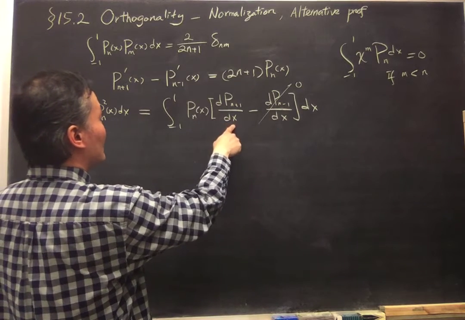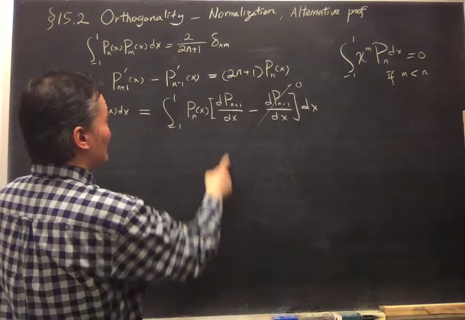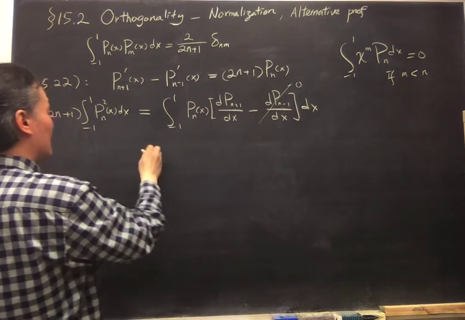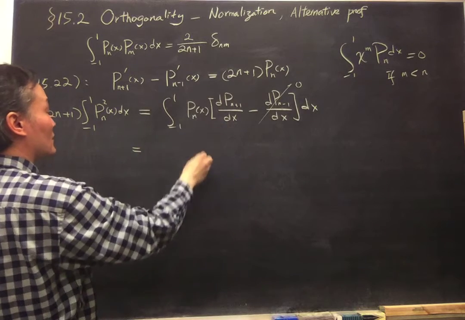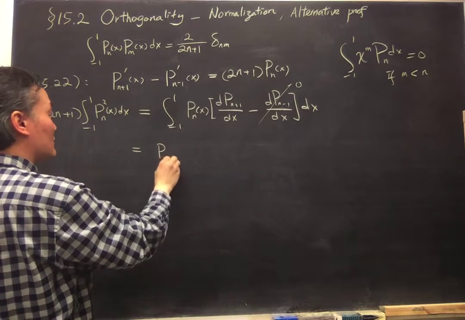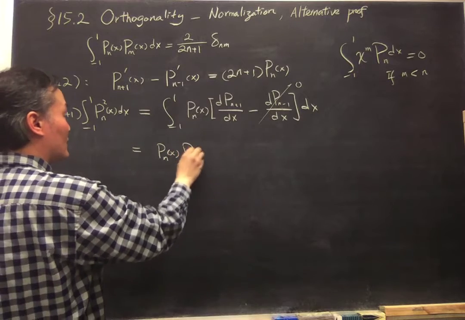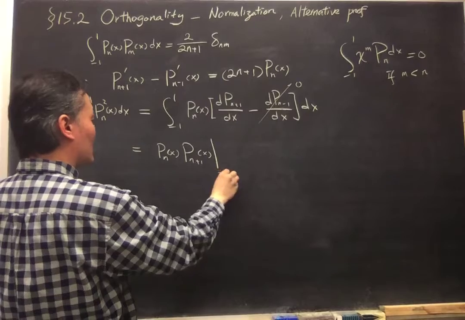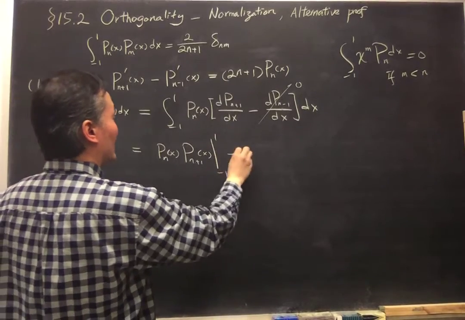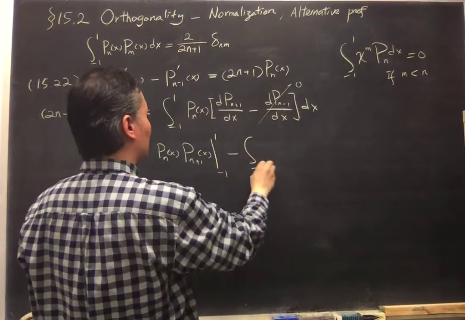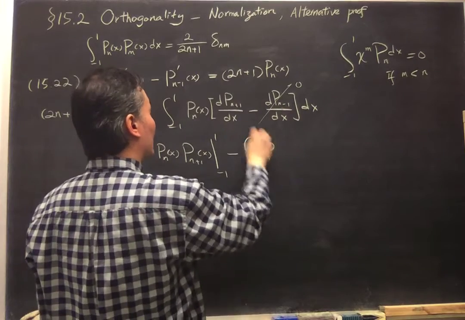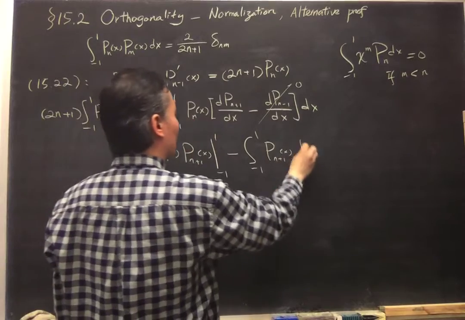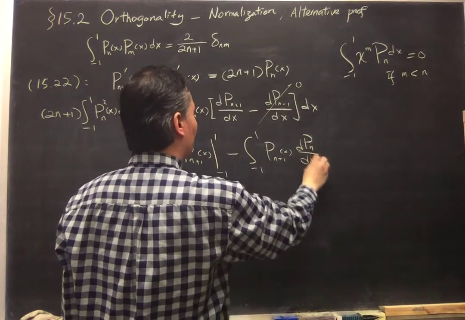And the first term we can work out by doing an integration by parts. So this equals Pn times Pn plus 1 evaluated at x from -1 to 1, and then minus the integral of Pn plus 1 times the derivative dPn dx.